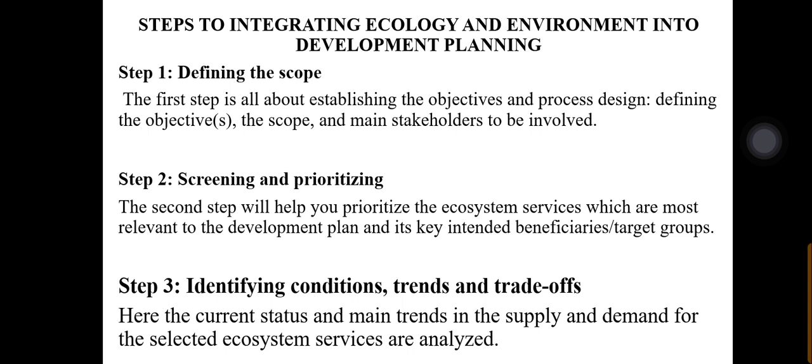Do I need to add or remove this particular thing in order to ensure that the environment is not being endangered? So I say try to focus on 3 to 6 ecosystem services considered to be sources of risk or opportunity.